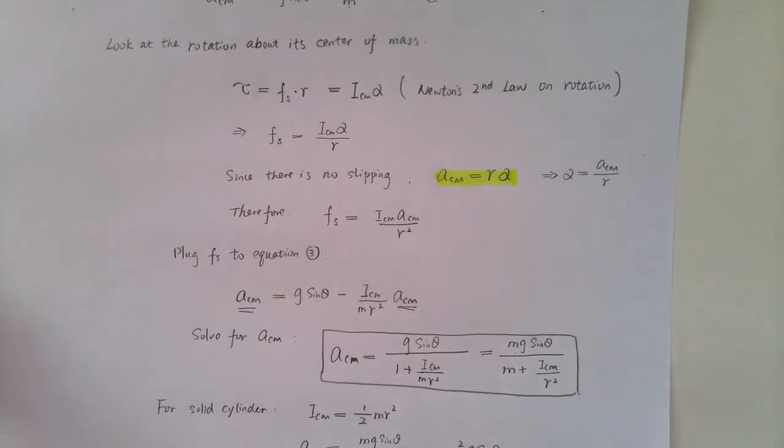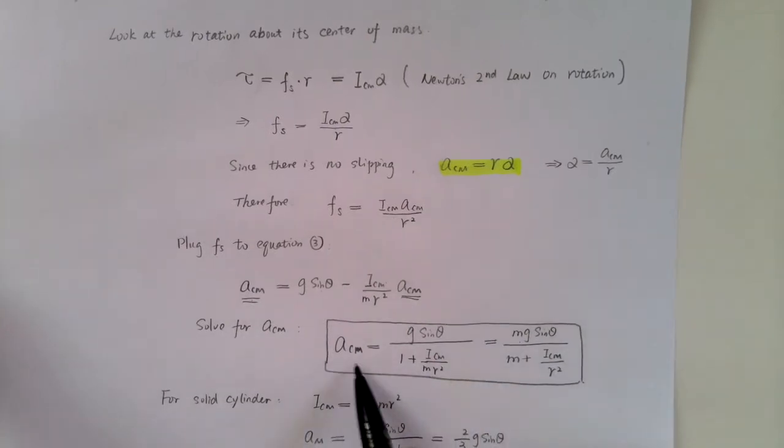As long as it has a round surface and it is rolling down, and it will have its own I about its own center of mass here, then we will always have this ACM. So we can get the linear acceleration of the center of mass determined by the mass, the radius, and the I here, which we solved from equation 1.